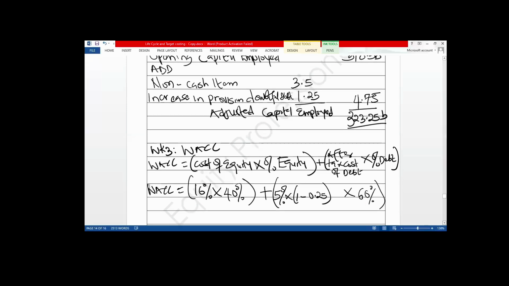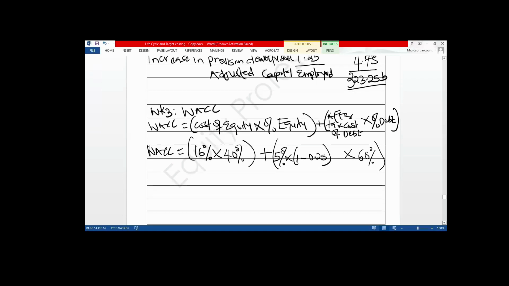Please work this out. What is your work? I got 0.0865.